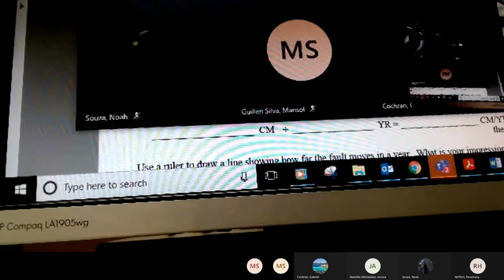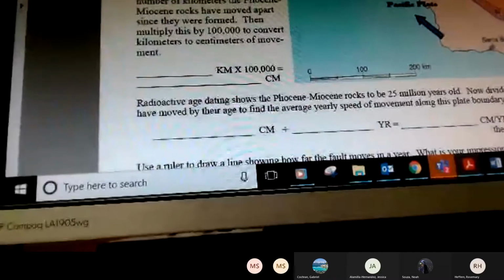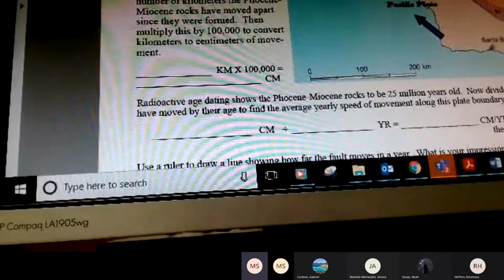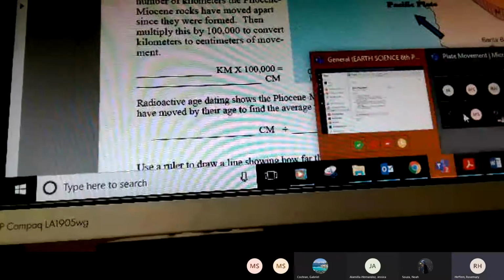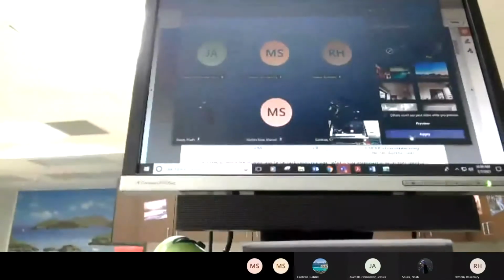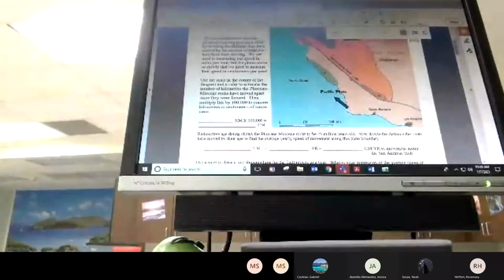And now you should see my computer screen. Let me see if I can tell how good of a view we have. Sorry about that. Ah, that's better.